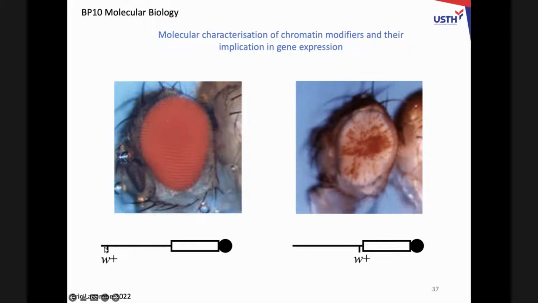I will explain what corresponds to the drawing at the bottom of the picture. In Drosophila, the sexual chromosome is a little strange because the centromere is not in the middle of the chromosome. It's at one end. The small black line represents euchromatin, and the big white box represents heterochromatin.